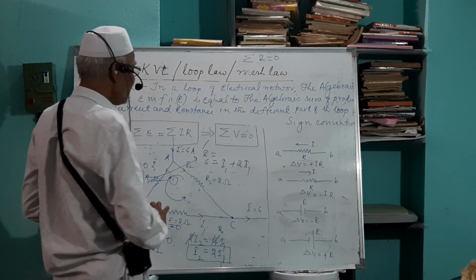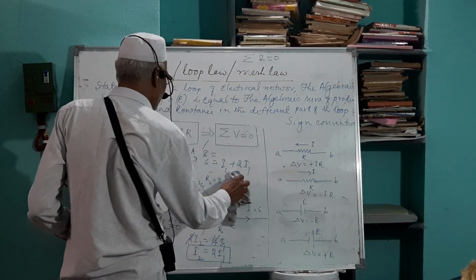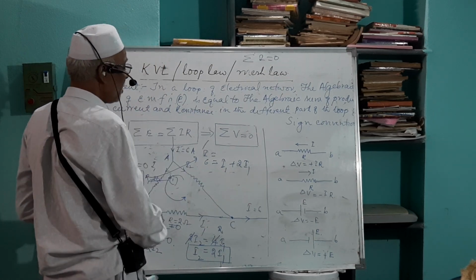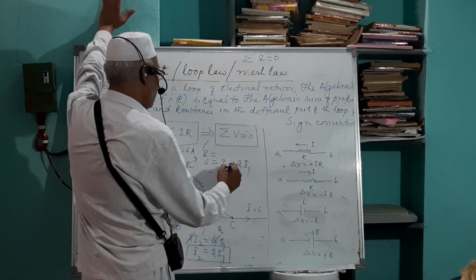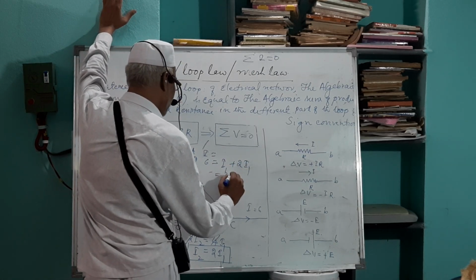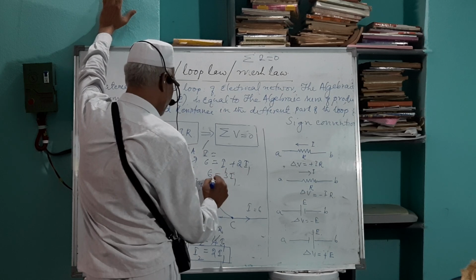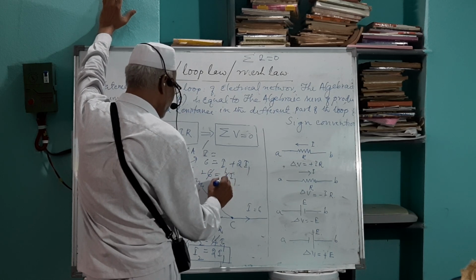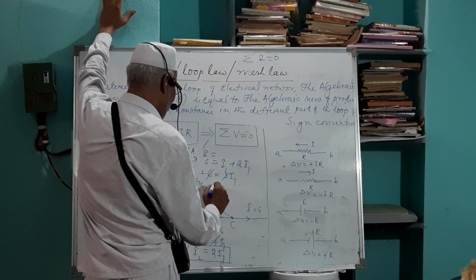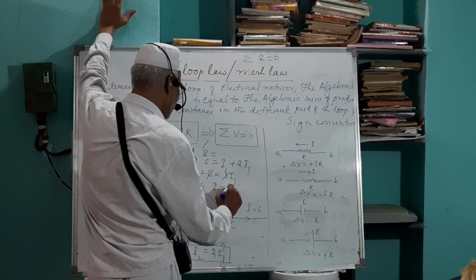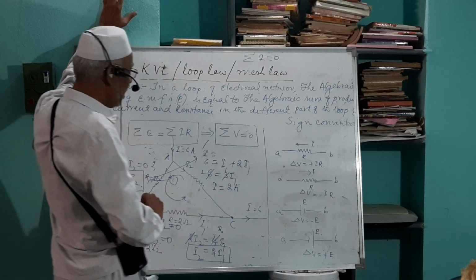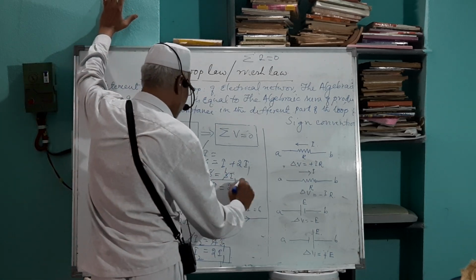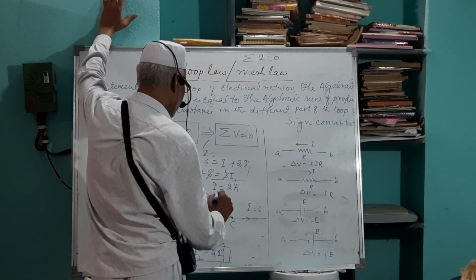So on further simplification, this is 2I1 plus I1, which is 3I1. So 6 is equal to 3I1, and I1 is equal to 2 ampere.